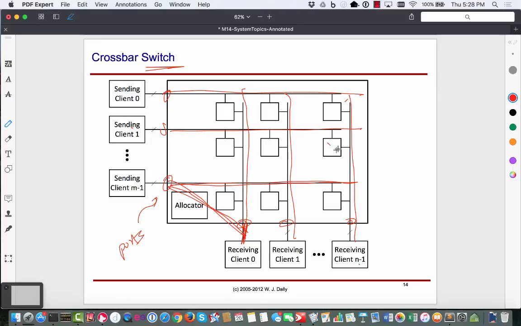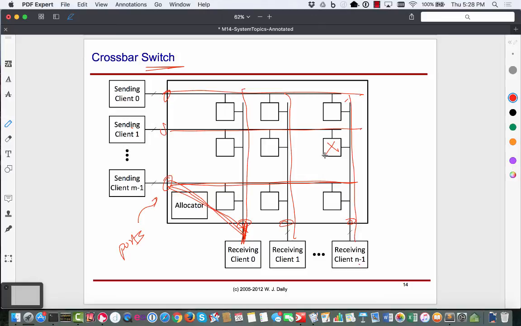Then I will activate this little interconnect. So I have this crossbar structure, and just at the right points, I activate things for the duration.